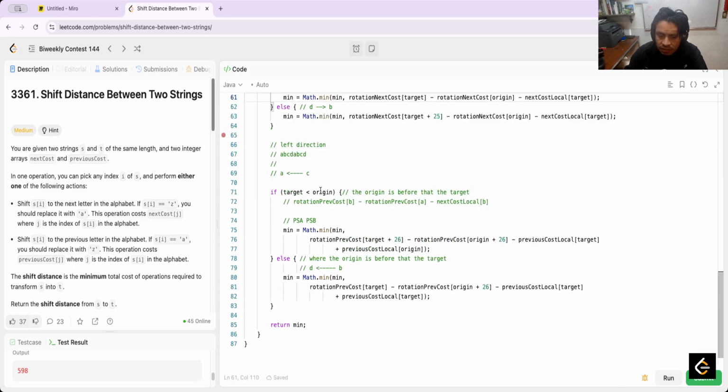And now here validate the origin is before the target but starting from the final. For example, if the origin is A and the target is B, it means that I need to move to the end.